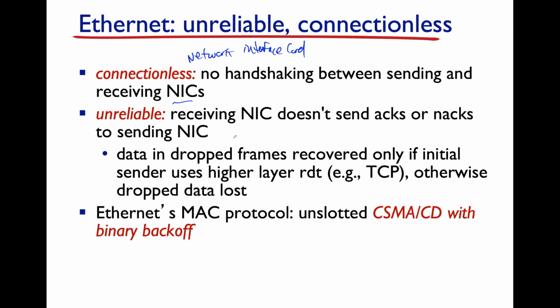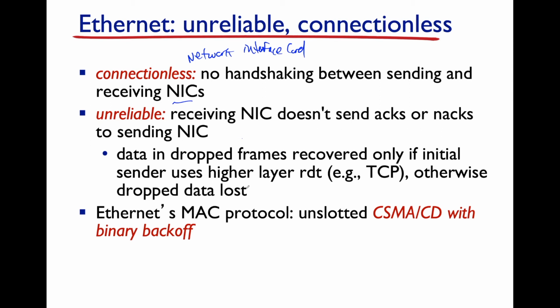The receiving NIC does not send ACKs or NACKs, so there's no reliability. Data that is dropped is recovered only if the sender uses a higher level protocol, like the reliable data transport that we saw in TCP. Otherwise, any dropped data in terms of a frame is lost. So it relies on the upper layers to fire a timer in the case of the transport layer and initiate a retransmission.